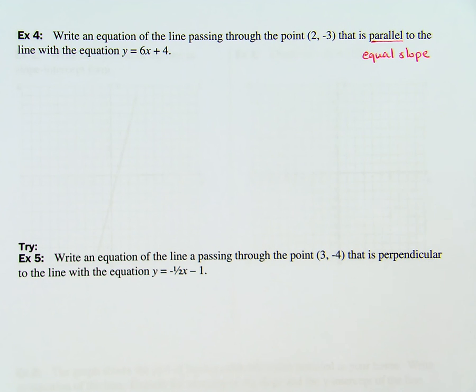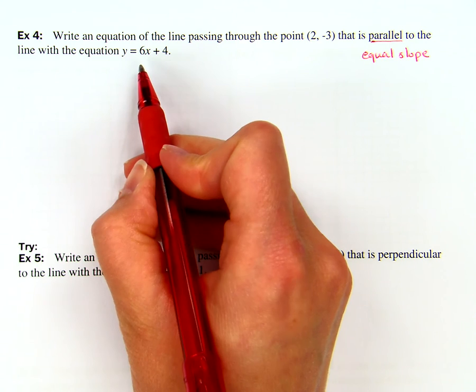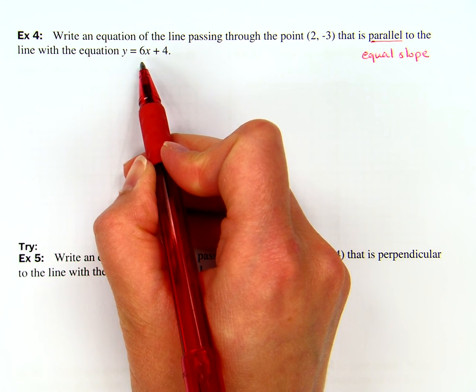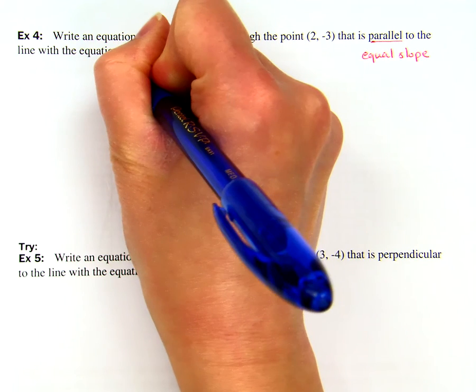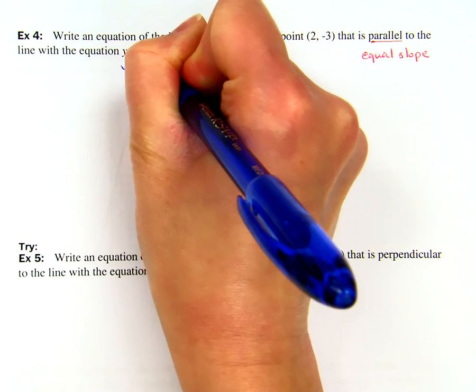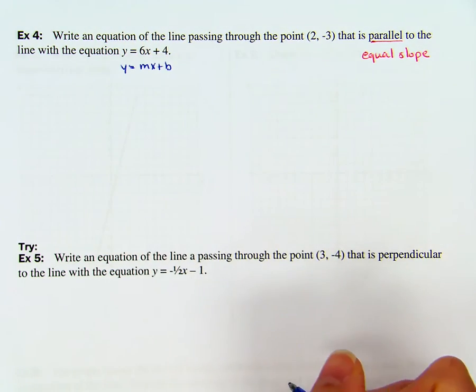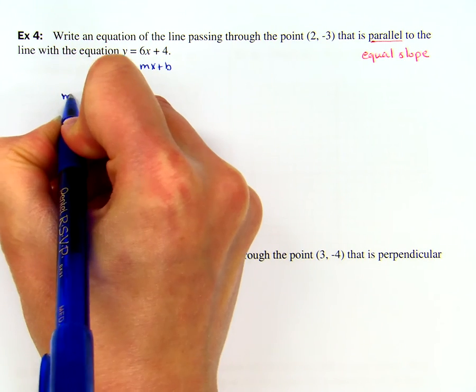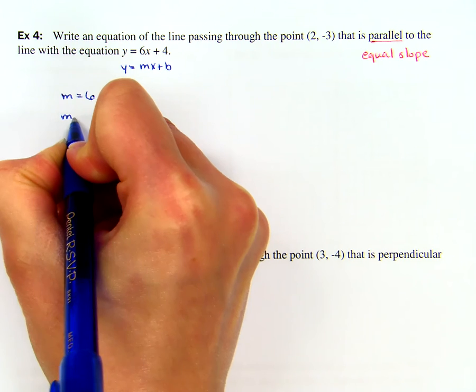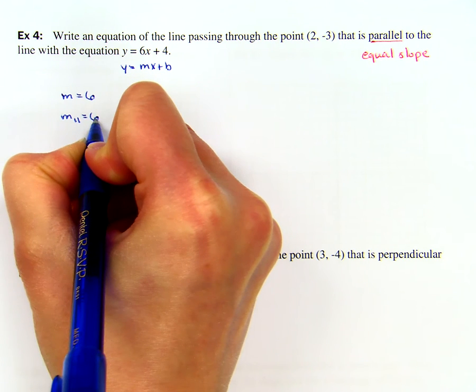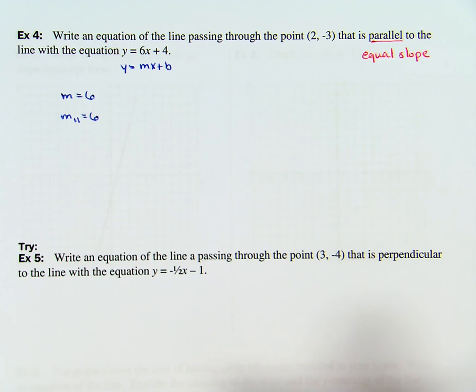So the line we need to find has to have a slope that is equal to the slope of the given line. Now taking a look at the line that's given in slope-intercept form, y equals mx plus b, we can find that our given slope is 6. Therefore, our parallel slope must also be 6.